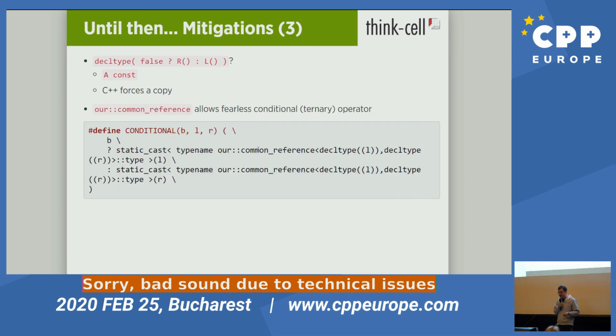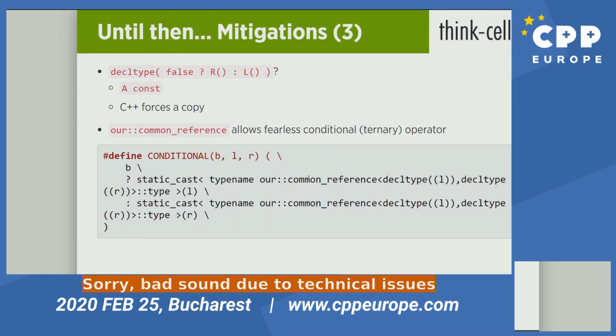If you write that with our new common reference that we just implemented, and again, we have a macro that is basically wrapping this, this new ternary operator, I call it conditional, then if you use that new ternary operator, the conditional of right and left actually generates a const reference, an R value reference. The advantage here is you don't get a copy. C++ would force a copy on you, but you don't really need a copy. You may not want to copy because it's costly. So if you just use that function, then you won't get it.